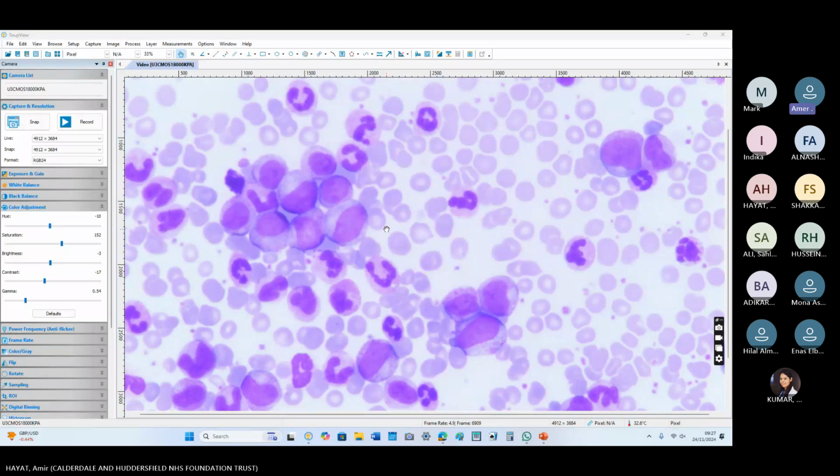The current one that we use in practice is ELTS, and there are some poor prognostic cytogenetics which are called major route abnormalities.